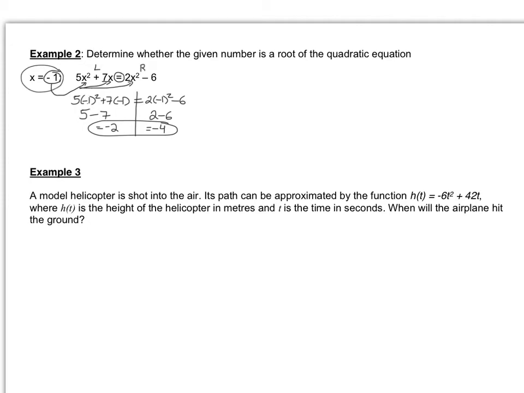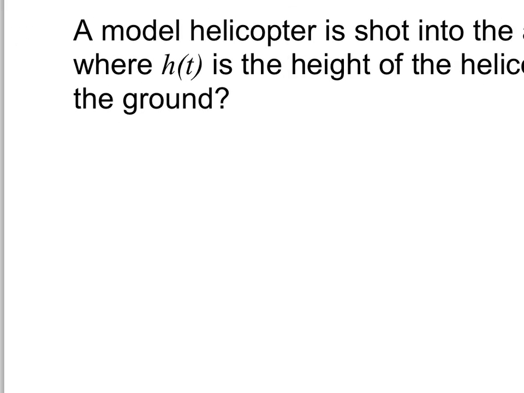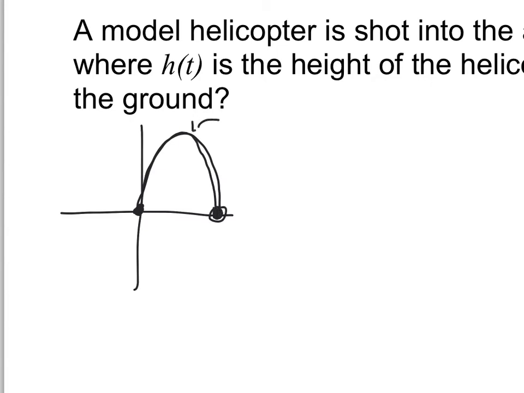So again, this whole unit has been about factoring, solving for the zeros, and then setting them equal to 0 to be able to find the x-intercept. So this helicopter is going up in the air and then coming down and hitting the ground. They don't want to know how high the helicopter goes. They're not asking that.